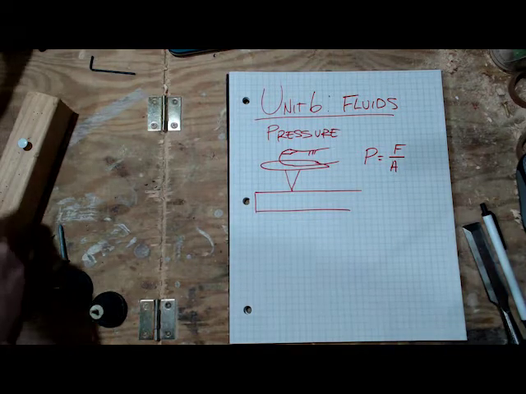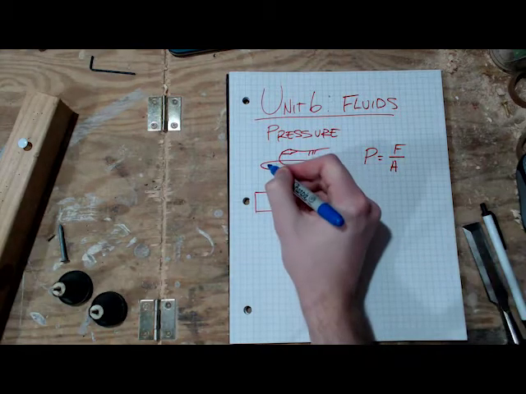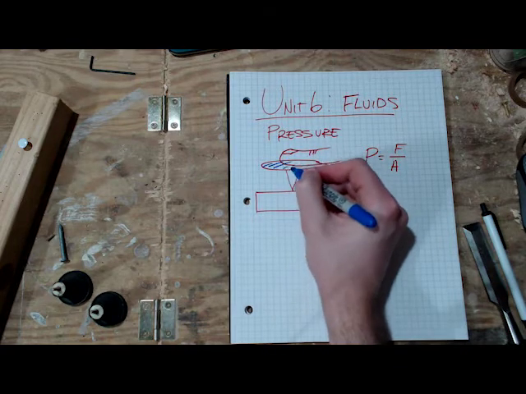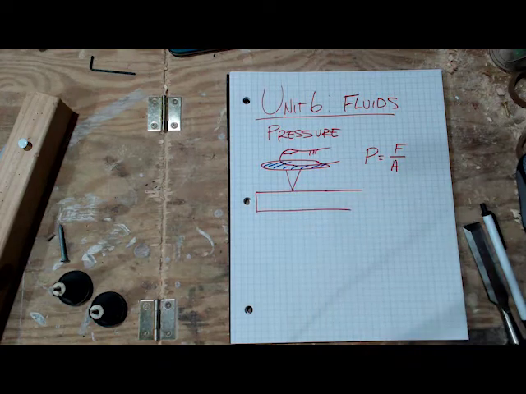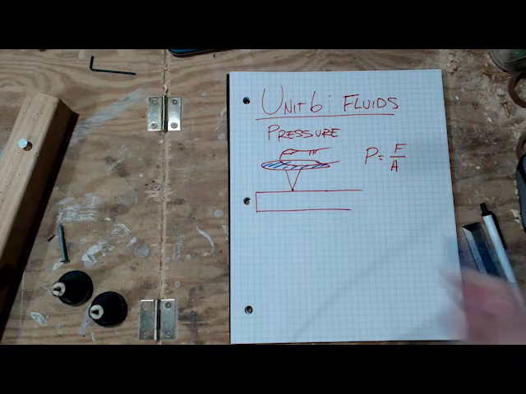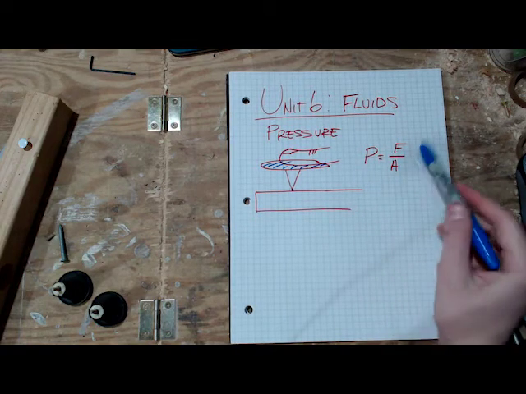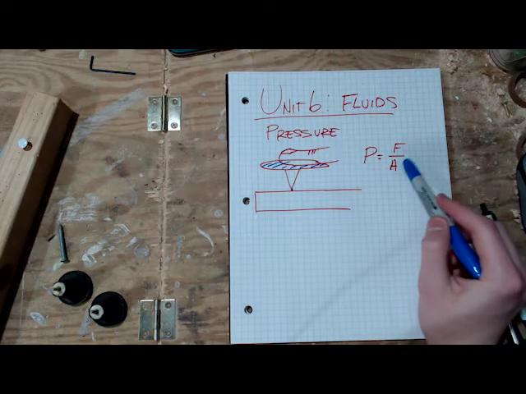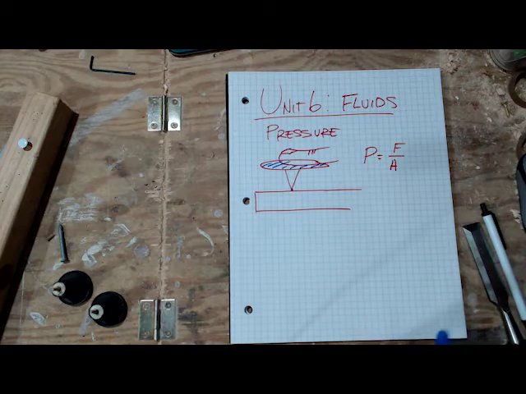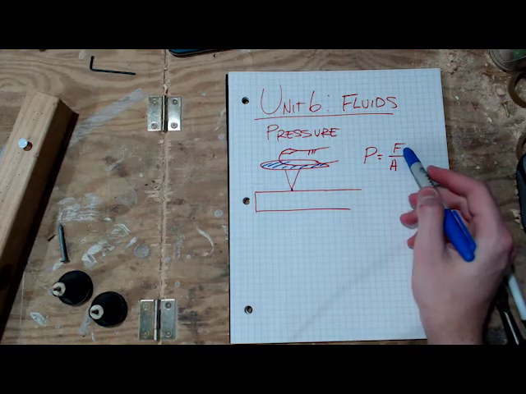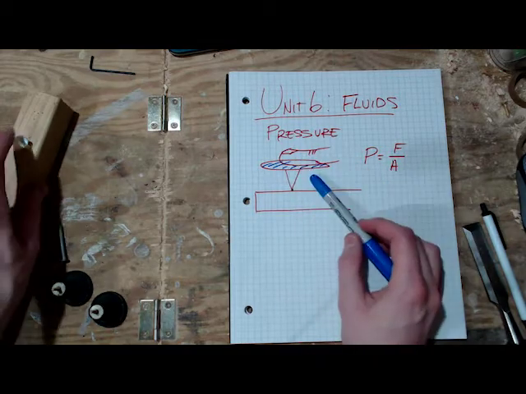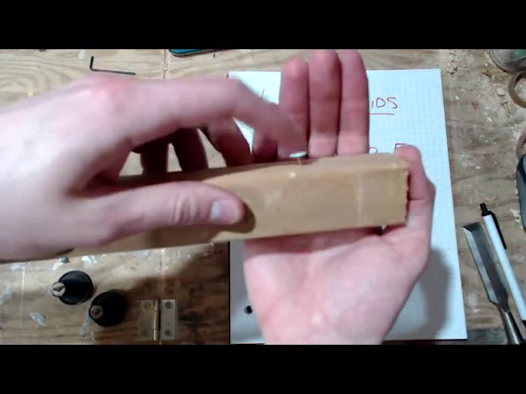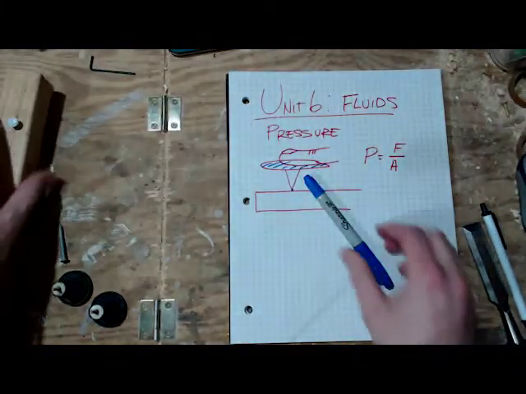If we look at the tack, we'll see that the top of it has a very large surface area compared to the surface area at the very bottom, at the very tip. So let's keep pressure the same, and let's look at how, if one of these changes, it will affect the other one. First let's look at the surface where my finger is pushing on the very end of the tack.